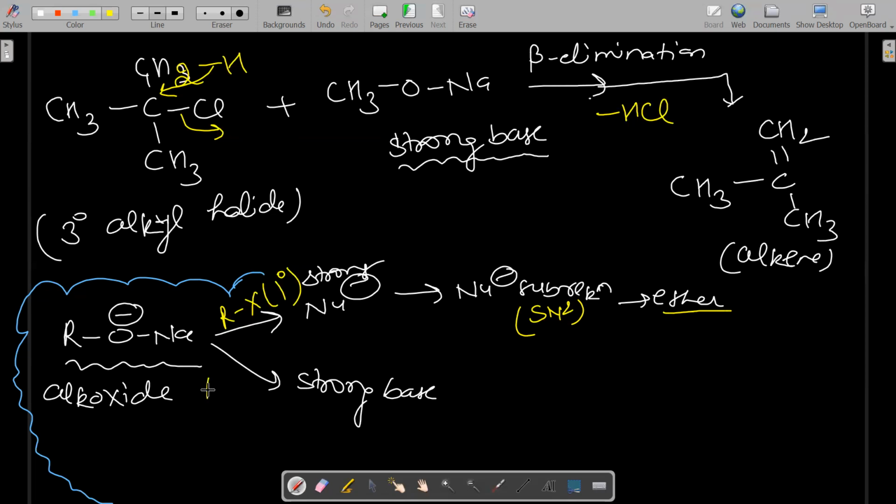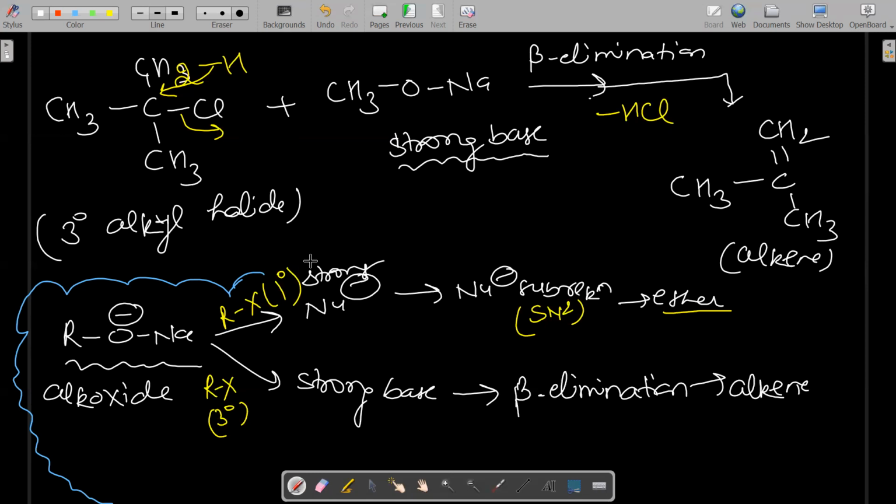But when alkoxide reacts with tertiary alkyl halide, it acts as a strong base. And when it acts as a strong base, it undergoes beta elimination reaction, and by beta elimination reaction, instead of ether, there is formation of alkene as a major product.